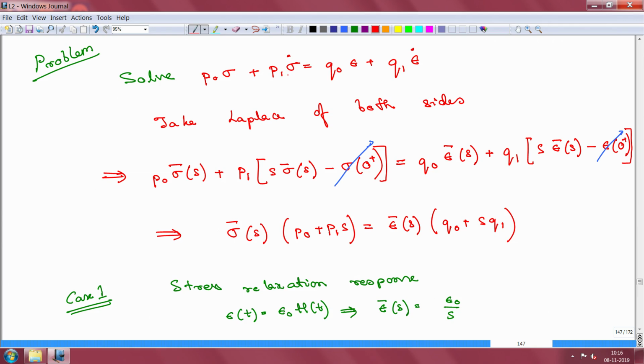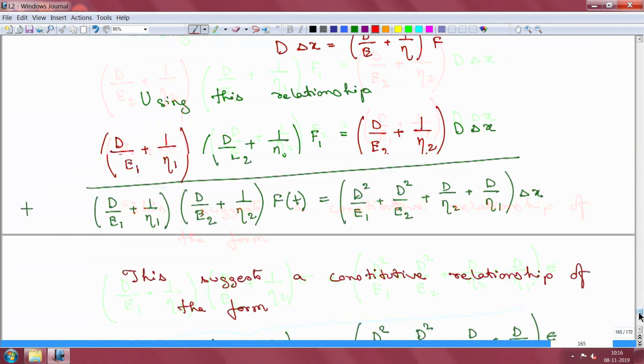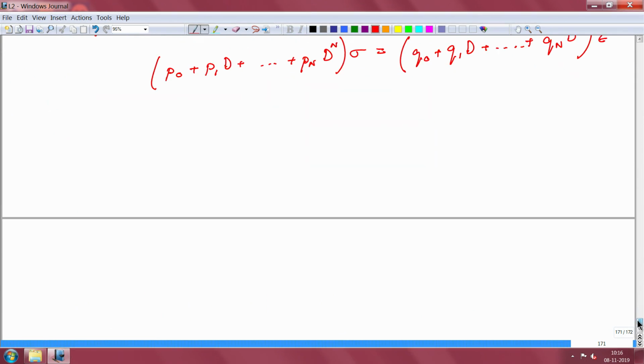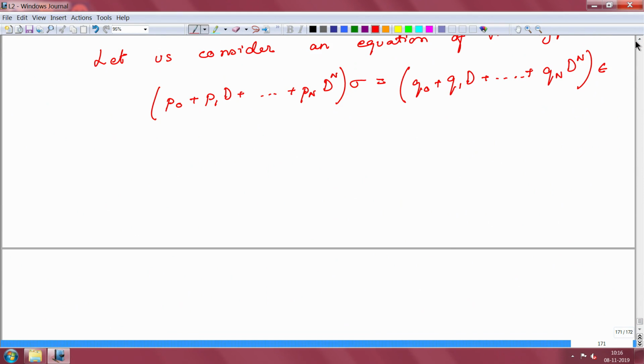Whenever you have a derivative, you just have an equivalent s multiplied by that, and that gives you the Laplacian. Even though we are not going into the details of the initial conditions, when you take the Laplace of both sides, you end up having all those initial conditions cancelled.